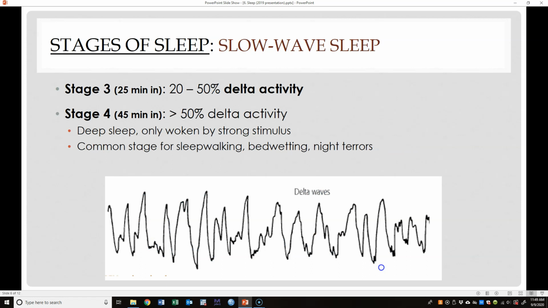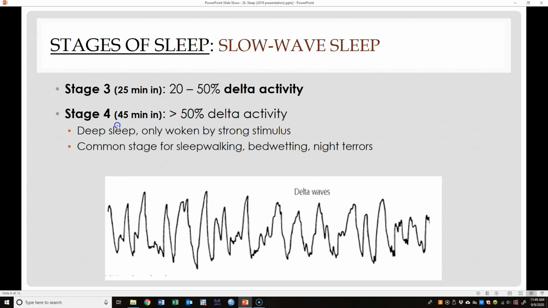Stage 3 sleep is about 25 minutes in on average. What we see is a shift from theta over into delta activity. This is that deep restorative sleep, and in your EEG we start to see big waves. Things are getting slow, things are getting big. In stage 3 sleep, about 20 to 50% of your EEG is made up of this delta activity.